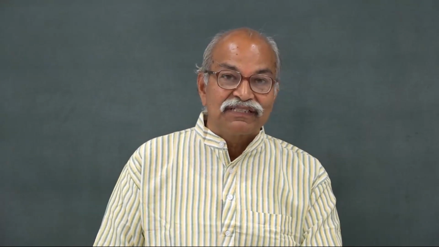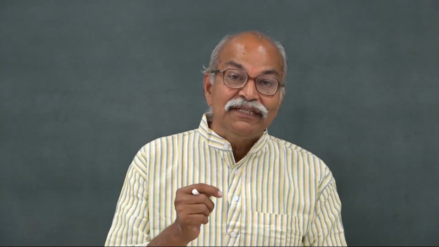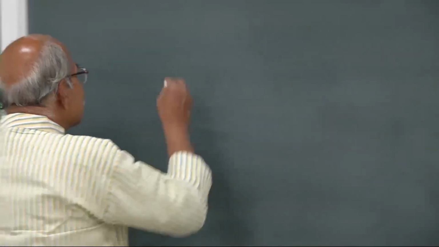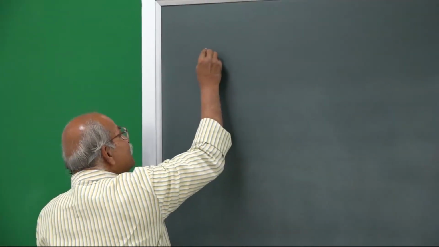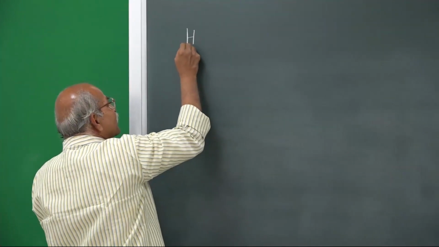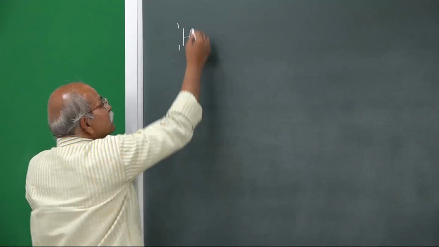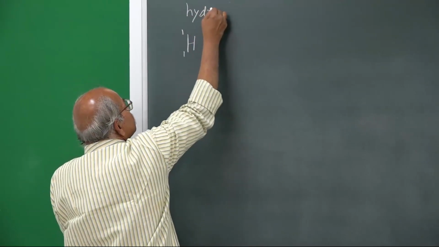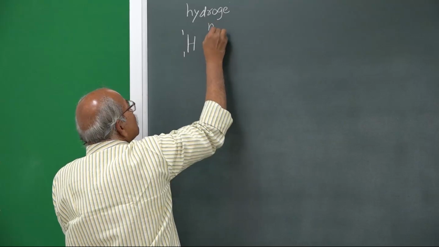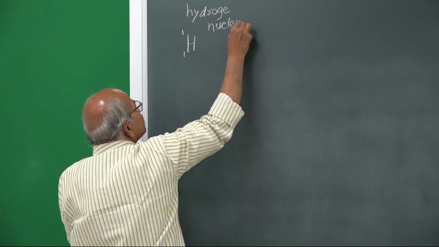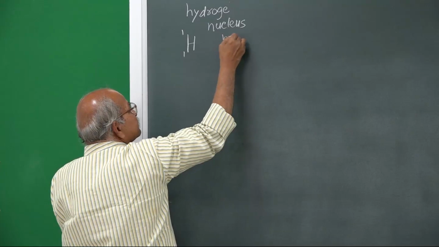I gave several examples from nuclear physics and atomic physics. If you have 1 proton and 1 neutron, and make a nucleus out of it, it is called the heavy hydrogen nucleus. Hydrogen is just a proton, and the heavy hydrogen nucleus we write like this. This is the hydrogen nucleus, which is nothing but just a proton.